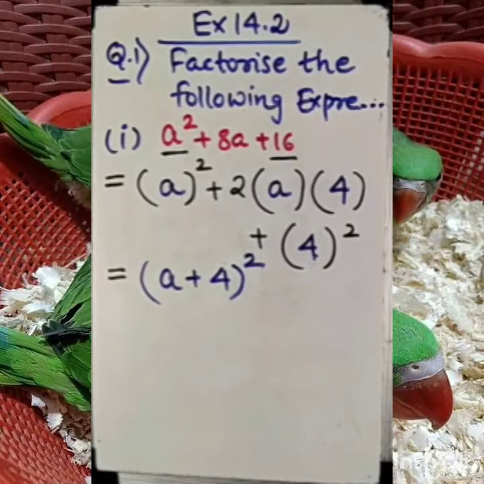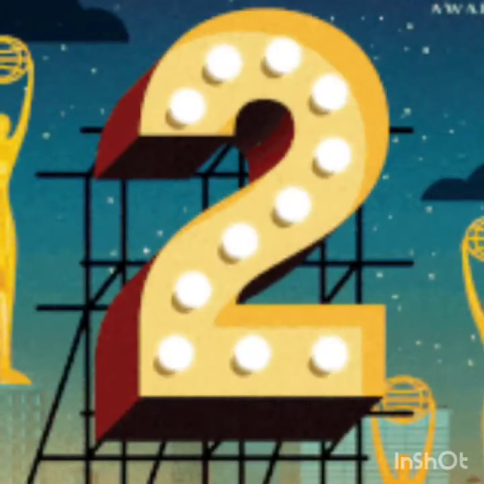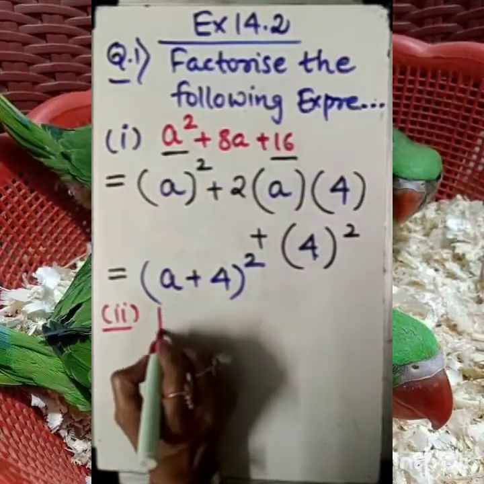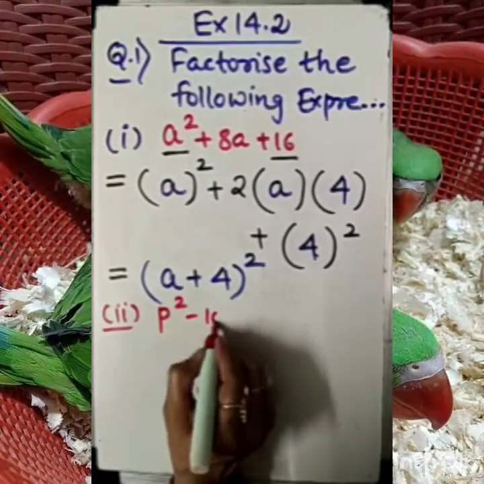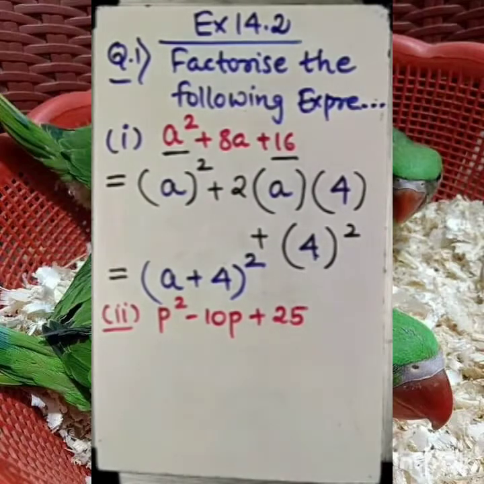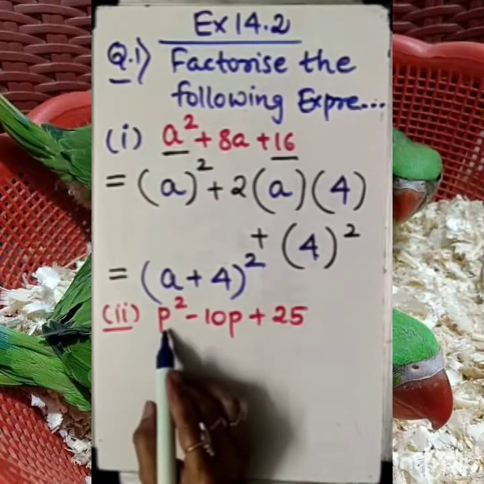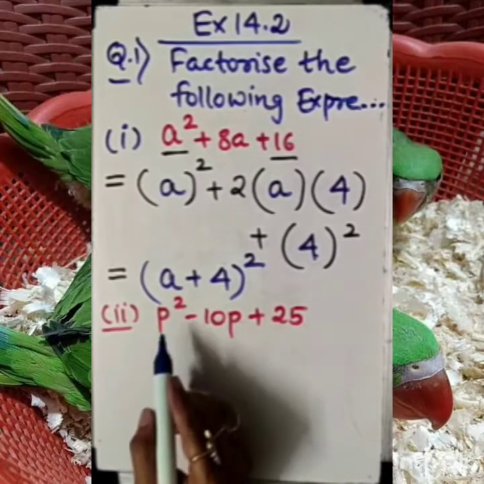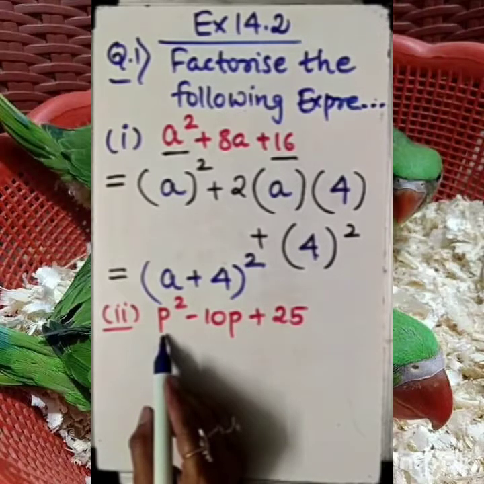Let's try to understand in a better way by the second example. Let's see what we are given in number two: p square minus 10p plus 25. So my dear student, once again let's work on the first term. You know very well p square is a perfect square of p, agree?